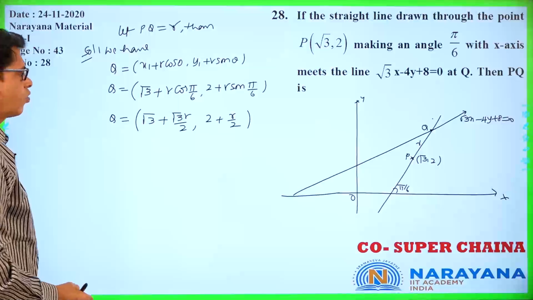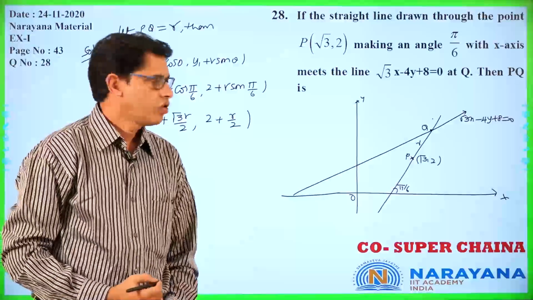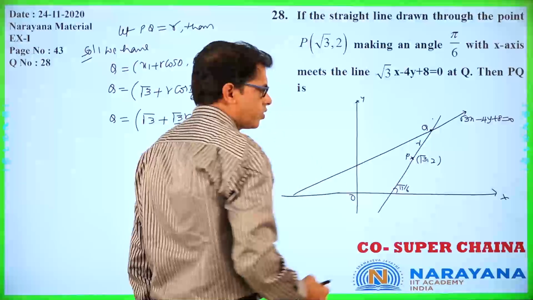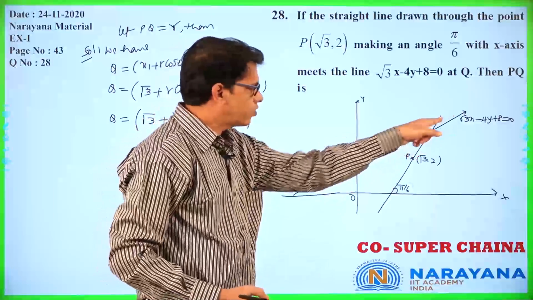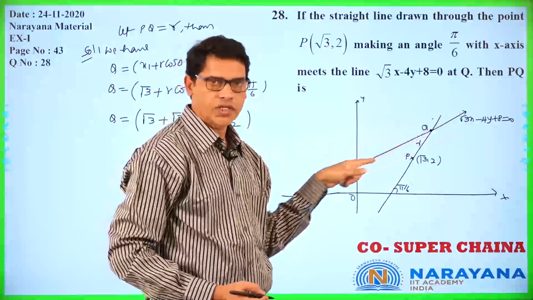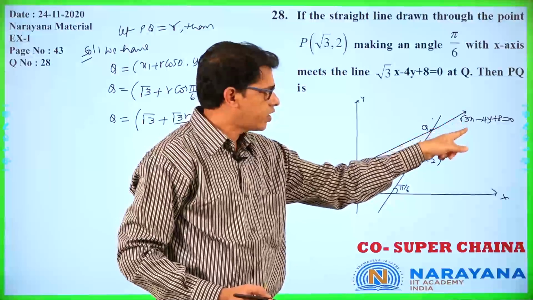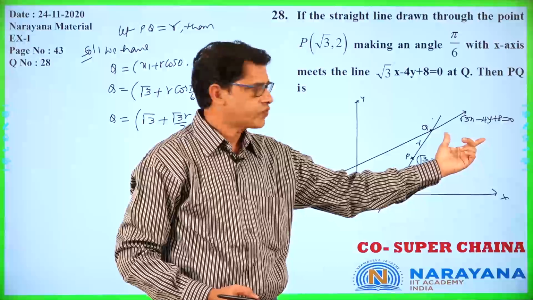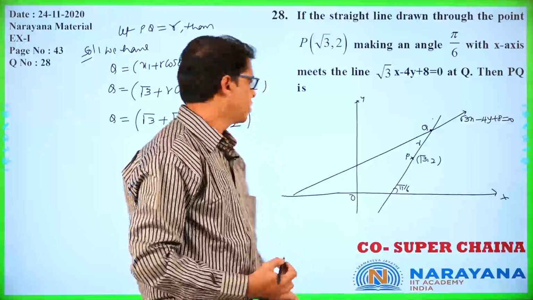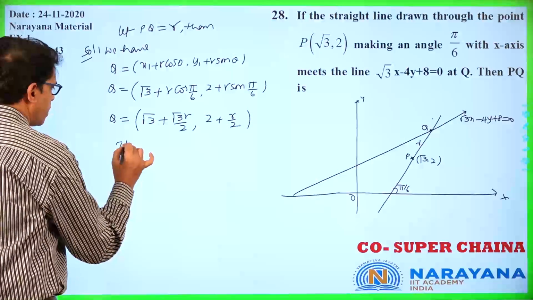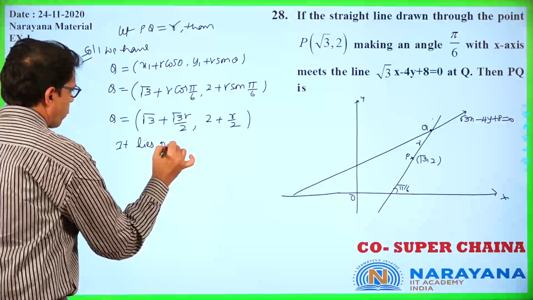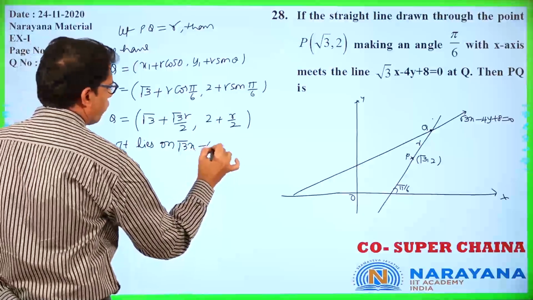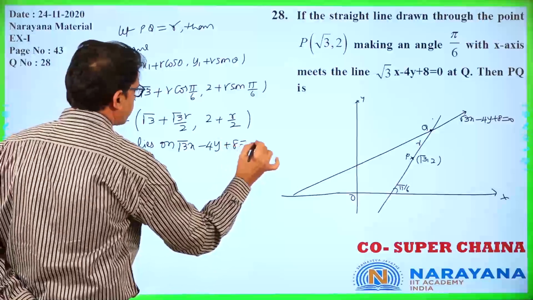Okay. Now how to find the r value? Look at the diagram again. Here I found the coordinates of Q. You see the Q point lies on this line. It is the point of intersection, no? So Q has to satisfy the equation root 3x - 4y + 8 = 0.